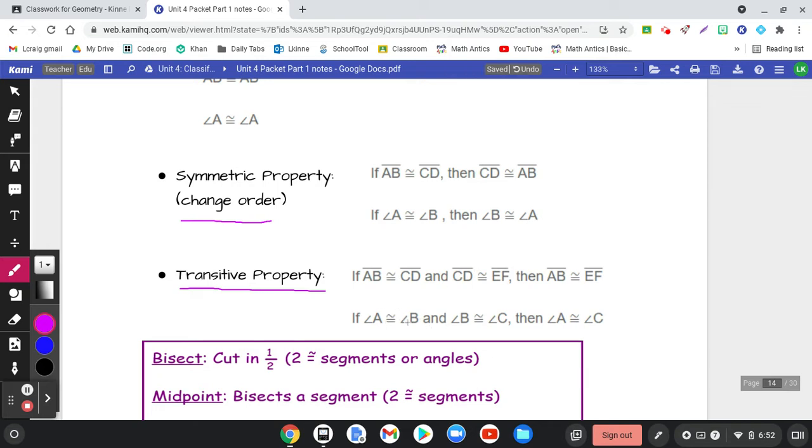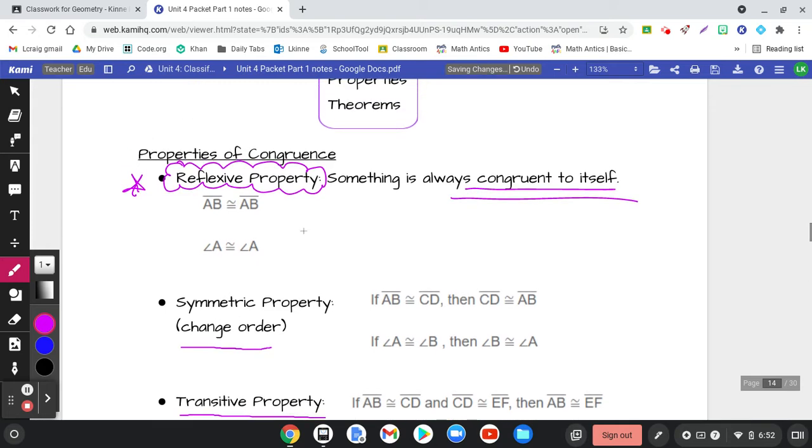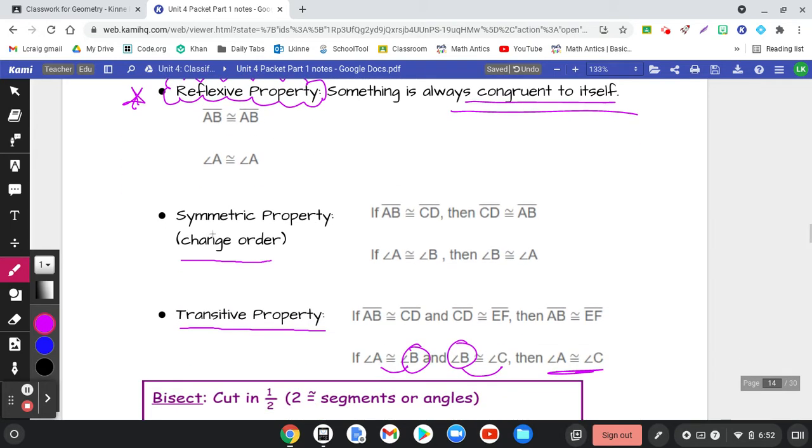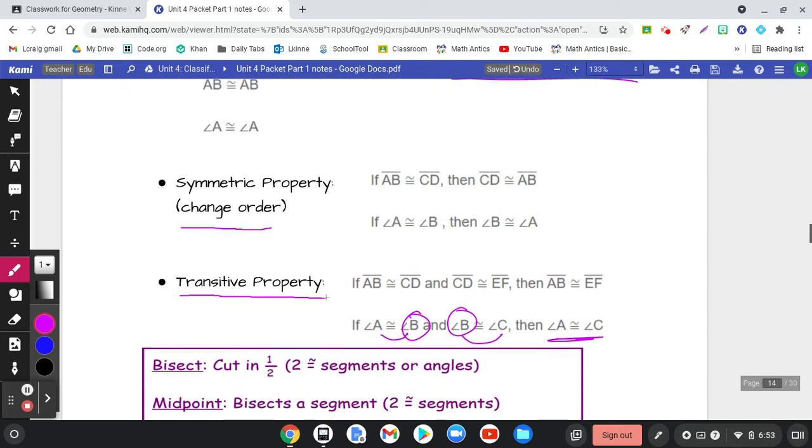If A is congruent to B and B is congruent to C, then A is also congruent to C. So basically, if two things are congruent to the same thing, then they're congruent to each other. But again, the one property that we'll use for sure is the reflexive property. I honestly don't foresee the other two coming up.